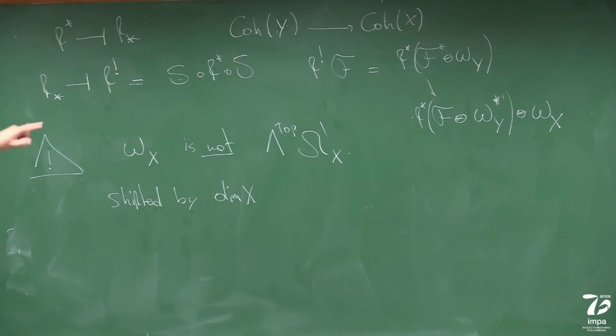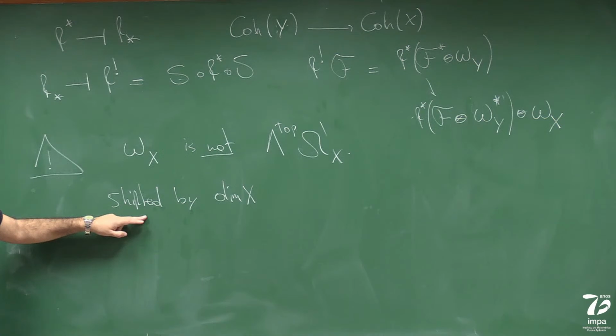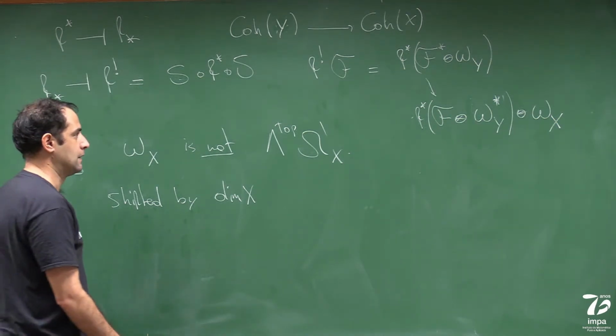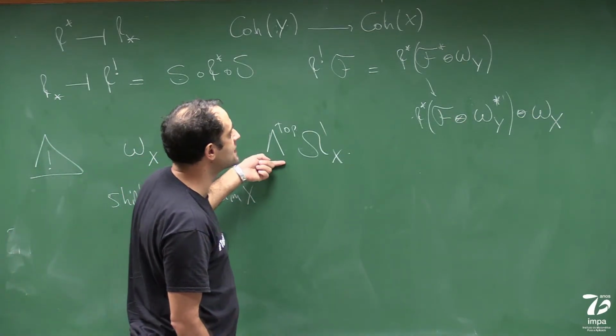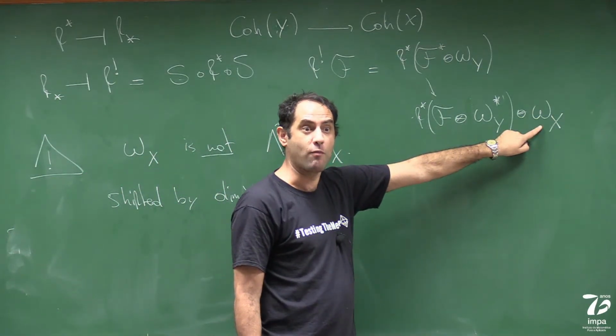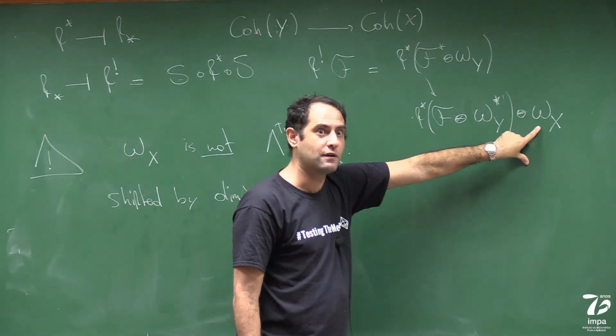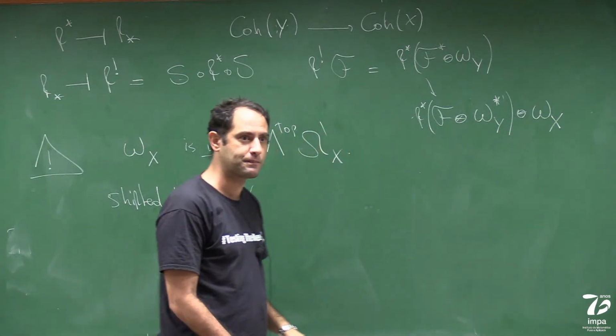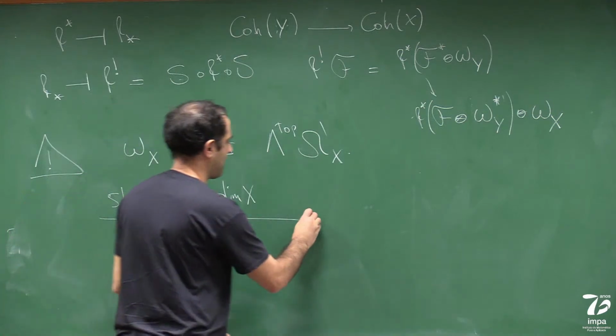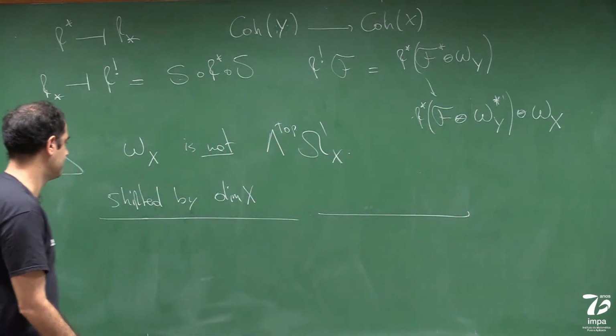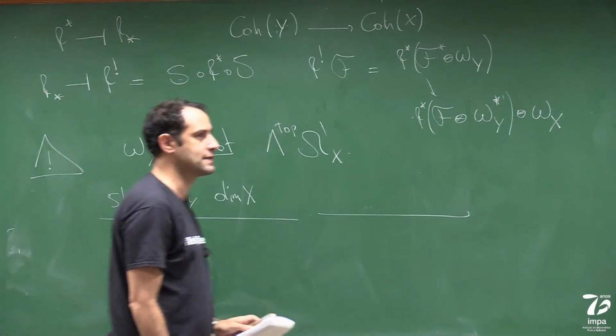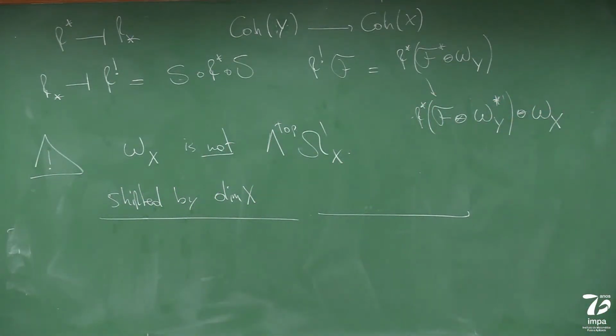And instead of looking at the category of coherent sheaves on x, I need to talk about the category of complexes of coherent sheaves, or complexes whose homologies are coherent sheaves. So the dualizing sheaf is not just a sheaf on x, but it's a complex of sheaves on x, which is just this sheaf, but in degree minus the dimension of x. So we'll get to that in a few lectures, but I'll start with that today.